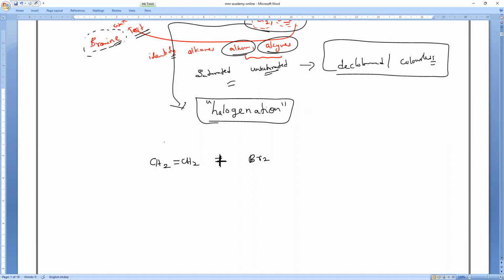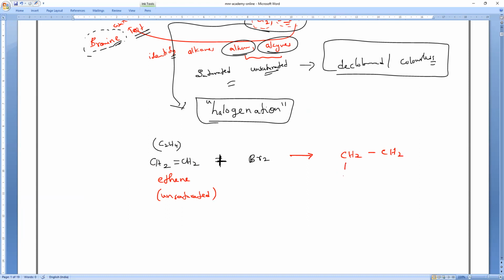What is this unsaturated hydrocarbon, everybody? C2H4. What is the name of it? Ethene. Others also you have to remember. So if you add bromine, it will turn into a saturated hydrocarbon.